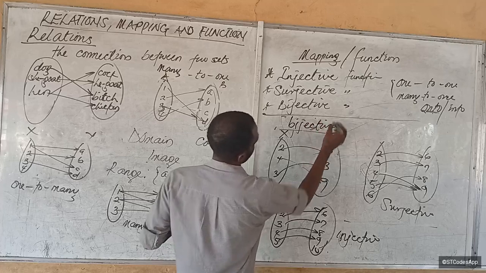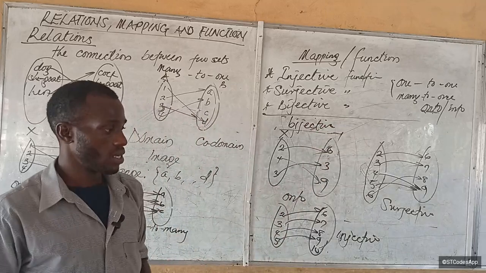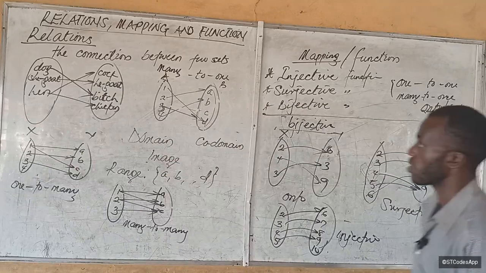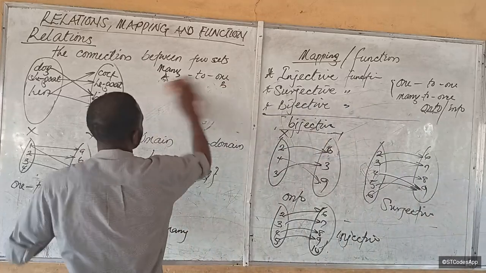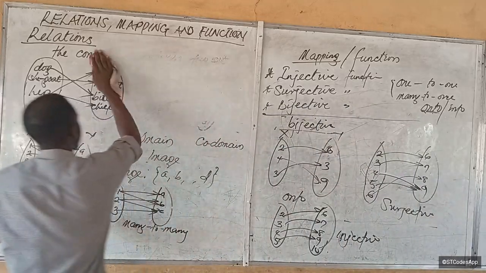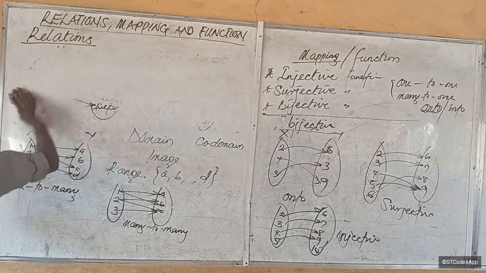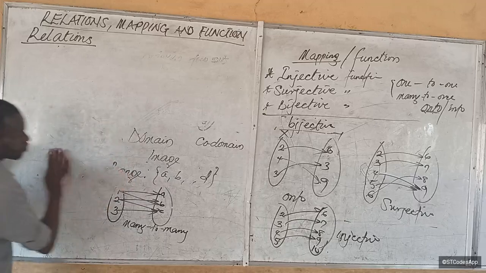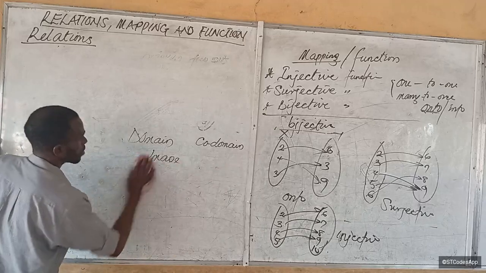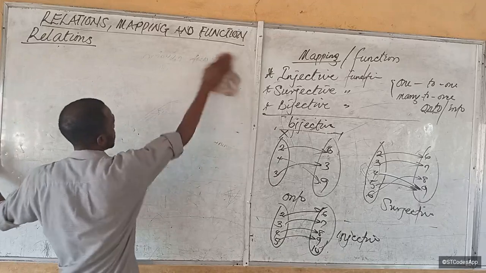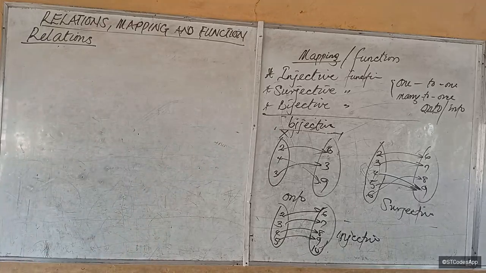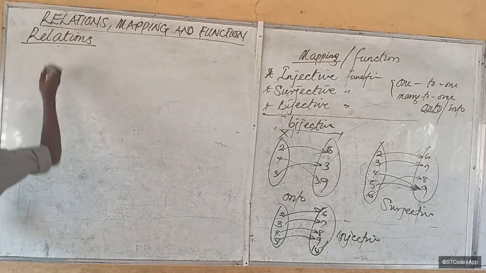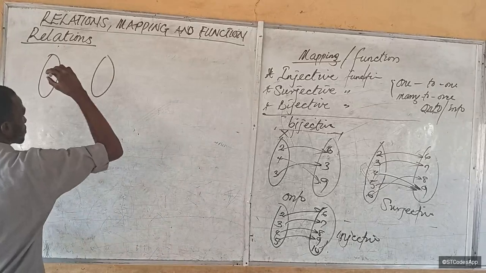Okay. All right. So now let's talk about the different types. We've talked about bijective. There's still what we call composite function. So what's a composite function? A composite function is just a function in which, for example, I have a relation like this.